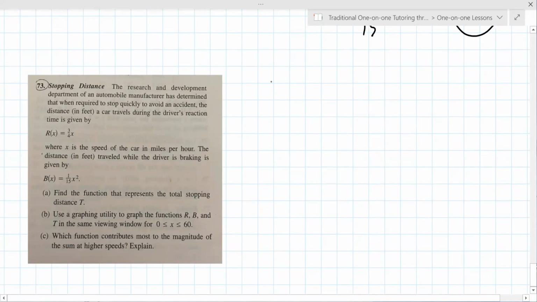Okay, so what this problem is saying is that you don't immediately hit the brake when you notice there's something wrong, the car still moves. Sadly, this is what causes a lot of bad things on the road. So your car is here, you see something, and you travel some distance before you actually hit the brakes.